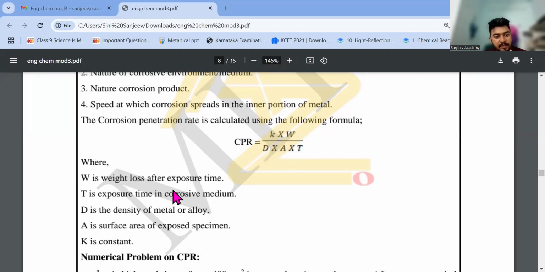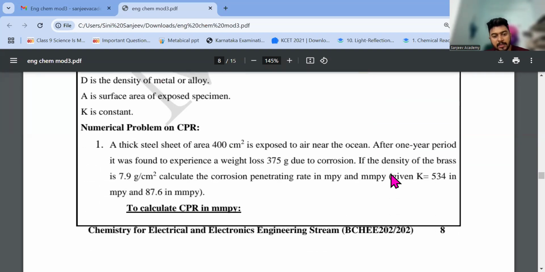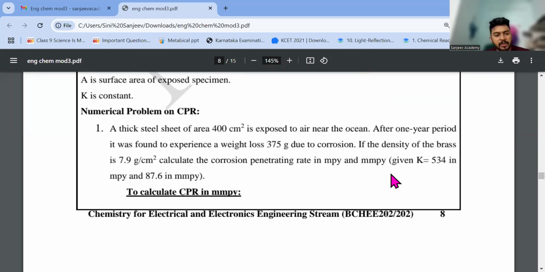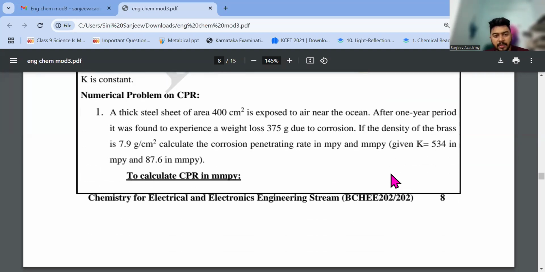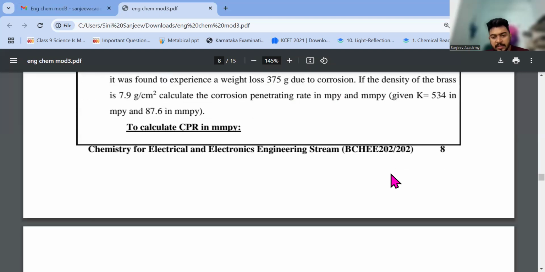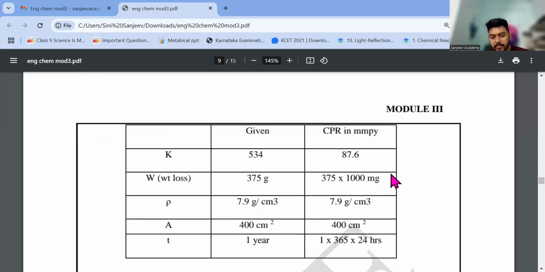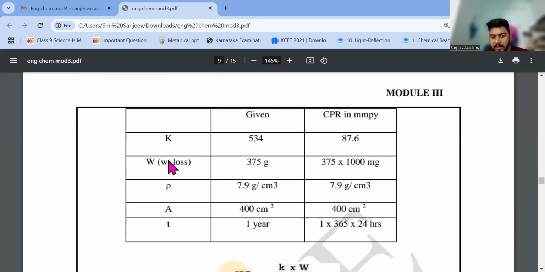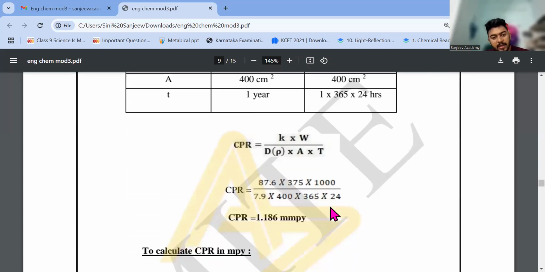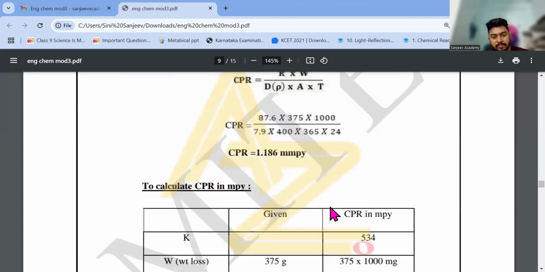D is density, A is area, T is the time, the exposure time of the metal. So just substitute in the problems. Everything is given in the question: K, weight loss, density, area, time. You need to just substitute and get the CPR value. That's it.